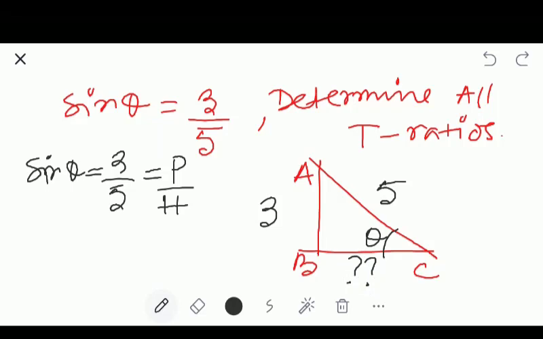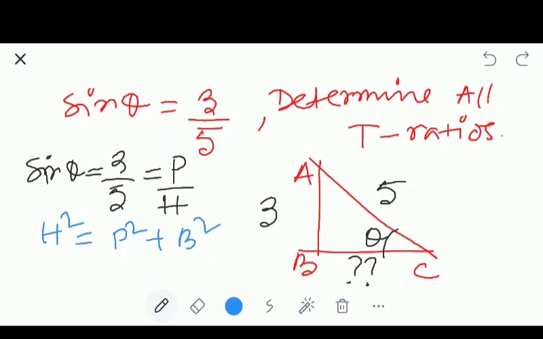So how can we determine the base? We will apply the formula of Pythagoras, right? What does the formula tell us? That is hypotenuse square is equal to perpendicular square plus base square.